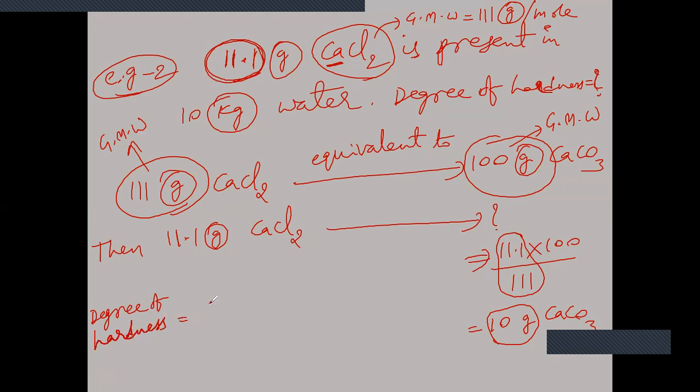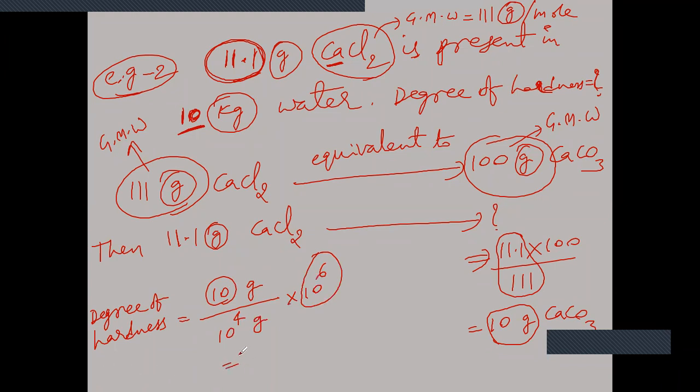Weight of CaCO3, how much? 10 grams upon weight of water. Weight of water, how many kilograms is given? 10 kilograms. 10 kilograms means how many grams? 10 into 1000, so 10 power 4 grams, into 10 power 6. It is 1 million. So this is the formula: weight of calcium carbonate upon weight of water into 10 power 6.